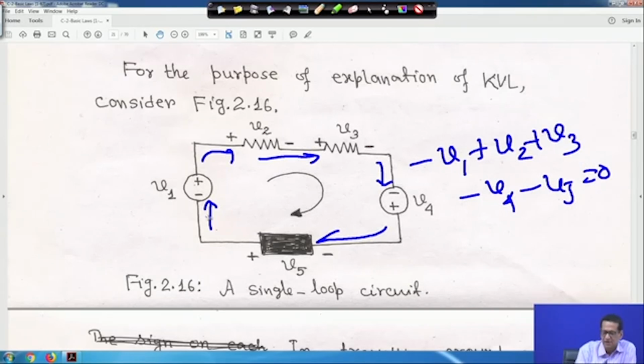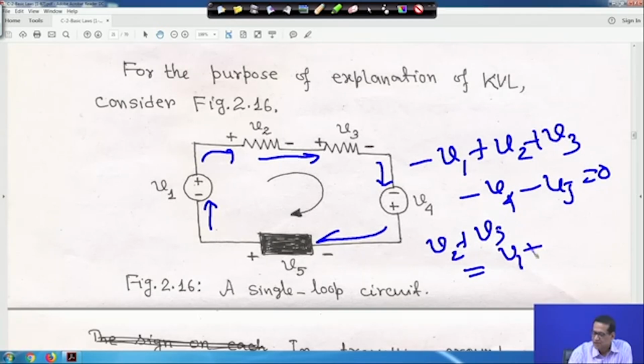So, minus V1 plus V2 plus V3 minus V4 minus V5 is equal to 0. Otherwise, V2 plus V3 is equal to V1 plus V4 plus V5.